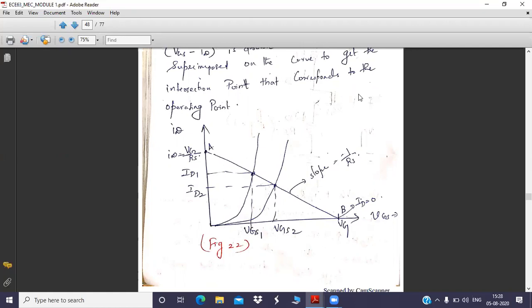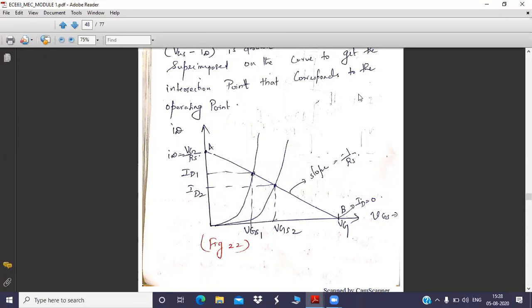So this point A will shift upwards. Again, what will happen to this point B? If A shifts upwards, B shifts towards left or right? Just imagine. Bhavani told that this DC load line will shift upwards.